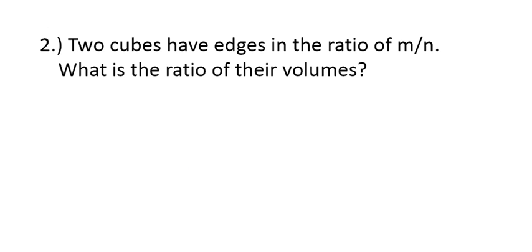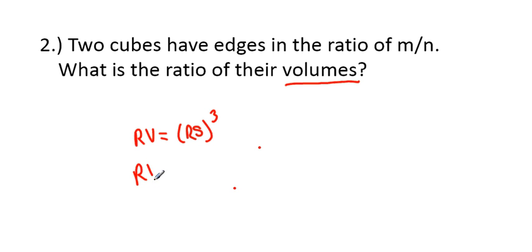All right, scooting along to number 2. We have two cubes who have edges in the ratio of m to n. What is the ratio of their volumes? Well, volume is measured in cubic units, so I know that the ratio of the volume is going to be what I get when I cube the ratio of the sides.